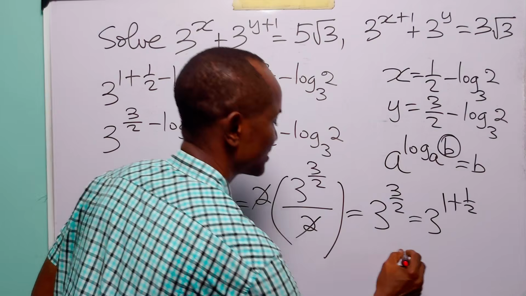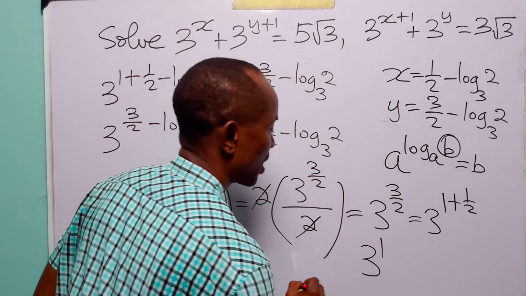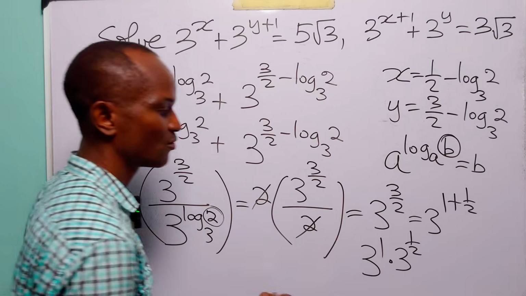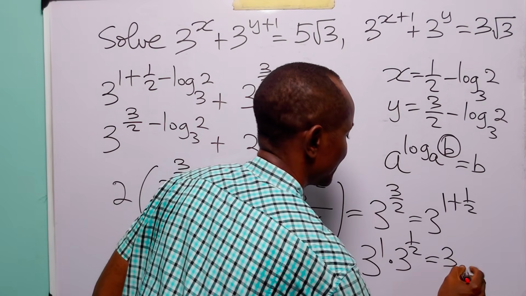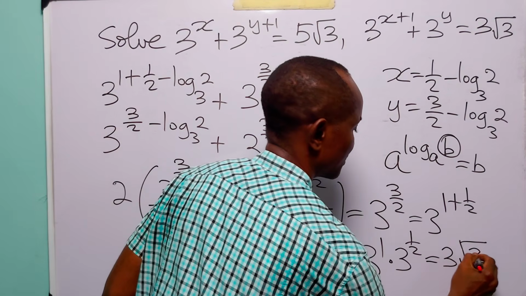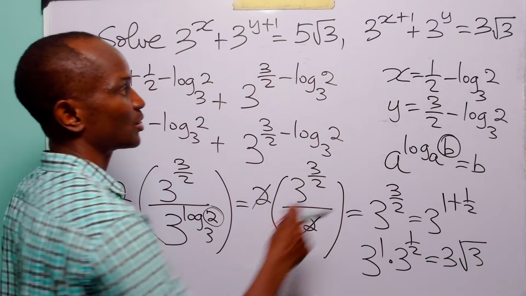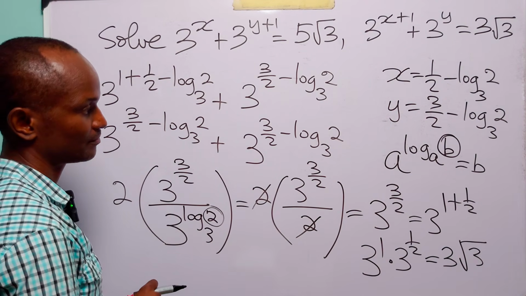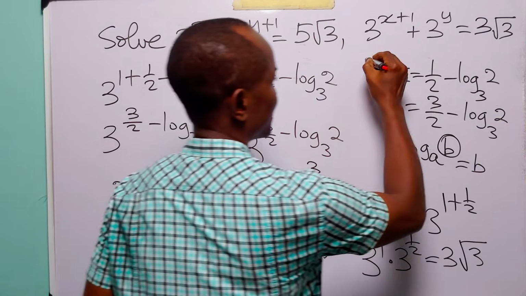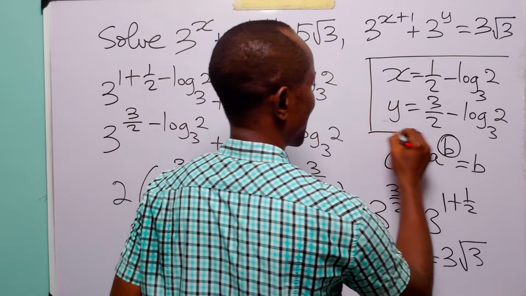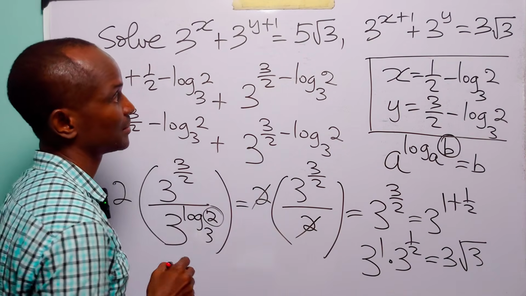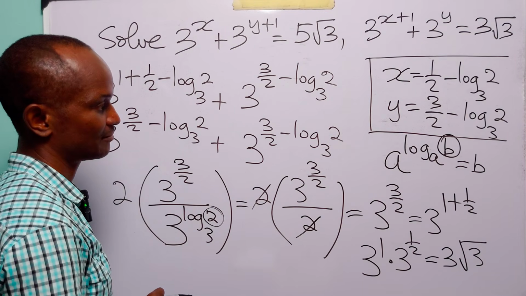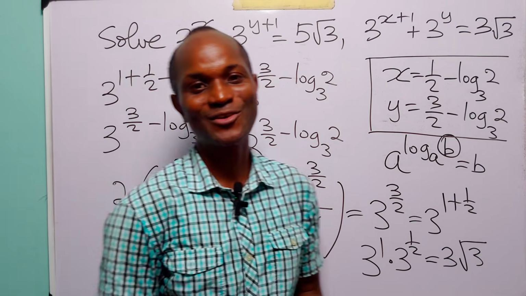And of course, we can write this as 3 to the power 1 multiplied by 3 to the power half, which is the same as 3 root 3, which is exactly what we have on the right hand side of the second equation. So you can see that the values of x and y that we calculated satisfy these two equations simultaneously. And with that, we come to the end of this tutorial.